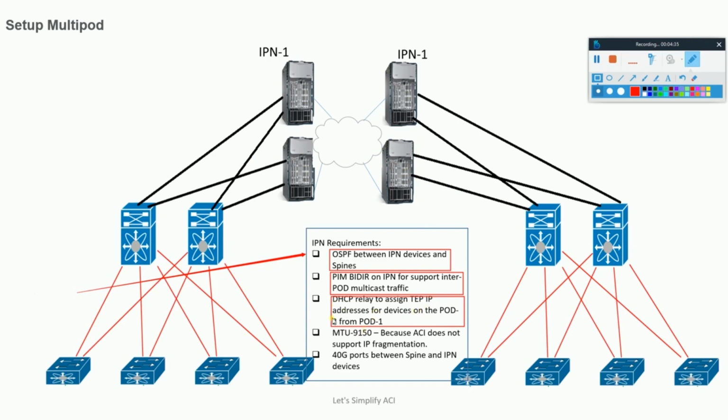You'll understand this in detail as we go further, how the configuration is done and how it actually works. The other point is we have to configure the MTU of 9150, as already explained. Another most important point, which is a mandate, is that we have to use 40 gig ports or 40 gig lines between the IPN devices and the spines.